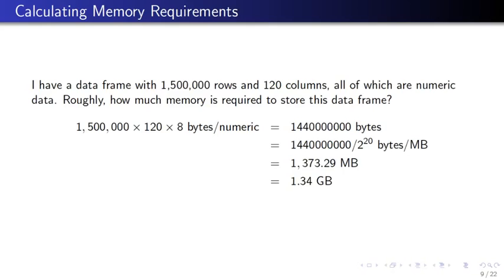So if your computer only has, let's say, 2 gigabytes of RAM, and you're trying to read in this 1.34 gigabyte table, you might want to think twice, because you're going to be pushing the boundaries of the memory required. Of course, if your computer has 4 or 8 or 16 gigabytes of RAM, then you should have no problem in terms of memory requirements. It will still take some time just to read it in, because it takes time to read in all the data, but you won't be running out of memory.